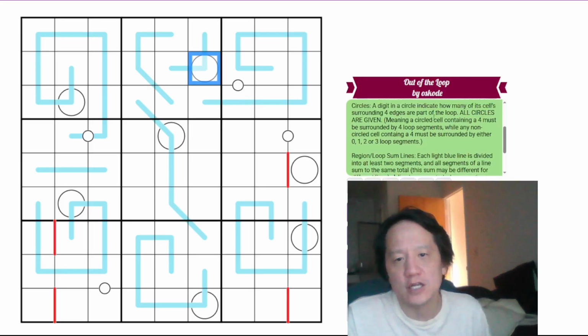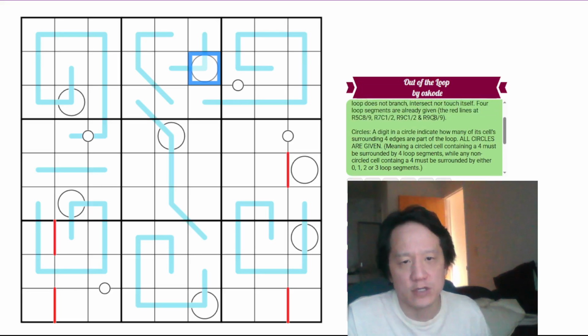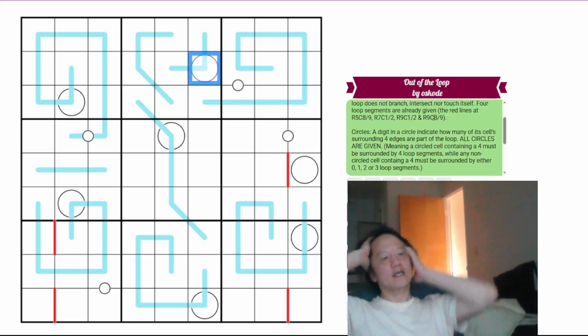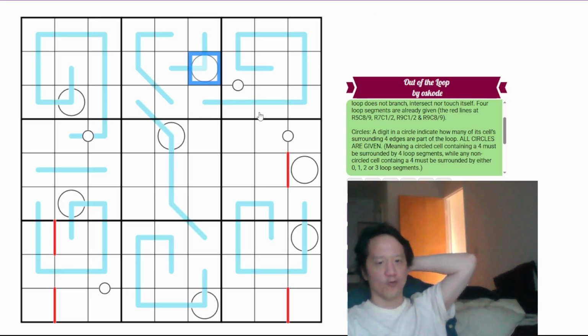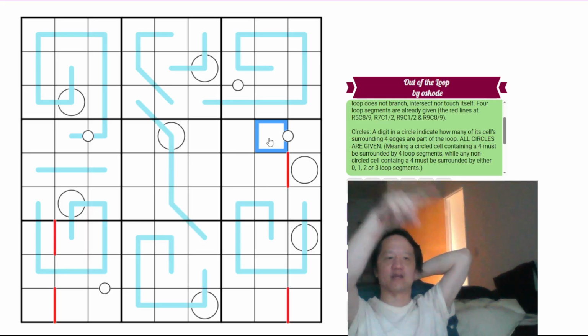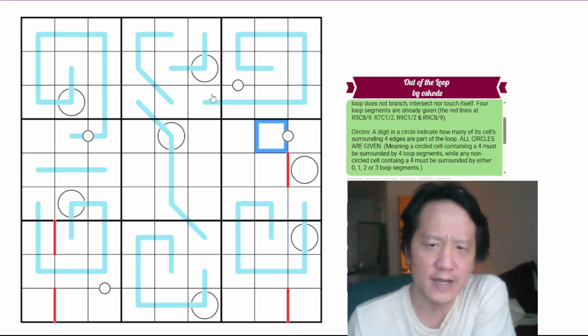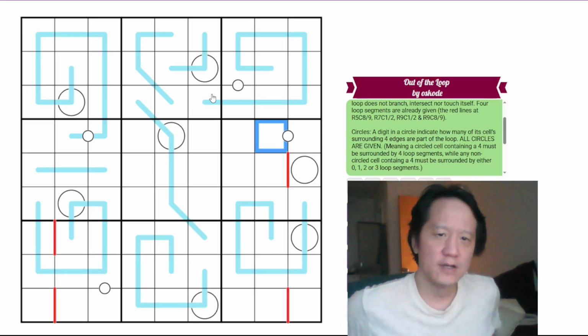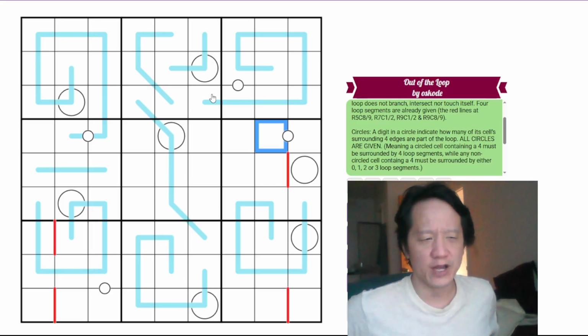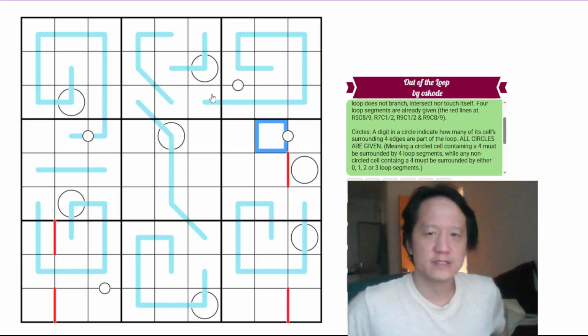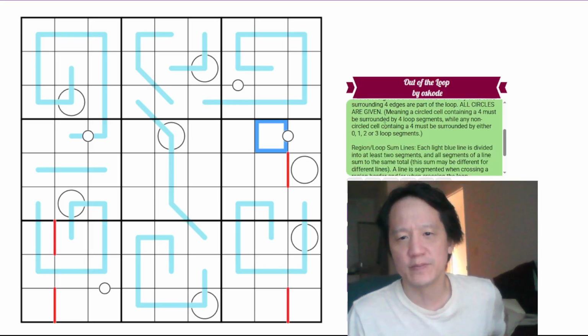So basically, the negative constraint is involved. If you had a 4, say here, that would mean there are not 4 loop segments surrounding it. And in fact, I think it's impossible to have a 4. Anyways, that's more of the solving.